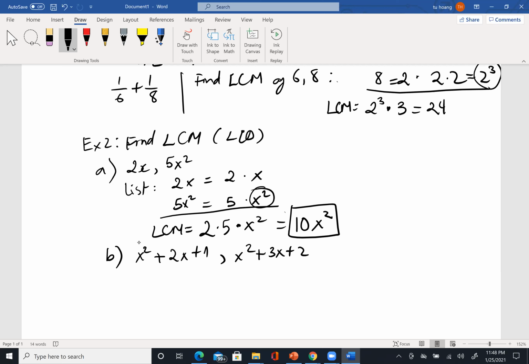The first one was a special case with the perfect square formula. You can try to remove it, but I show it x squared plus 2x plus 1. When you factor it, you're going to have x plus 1 times x plus 1.